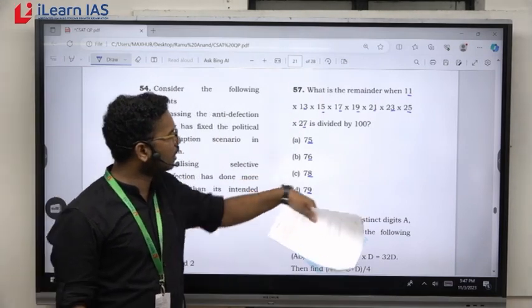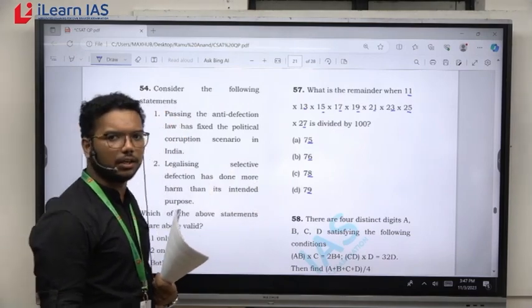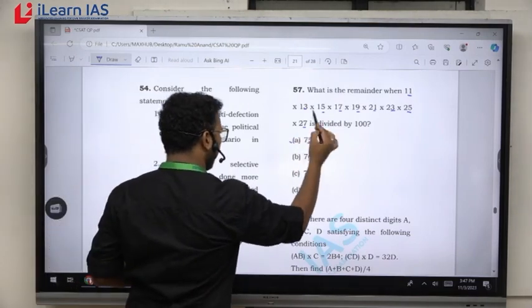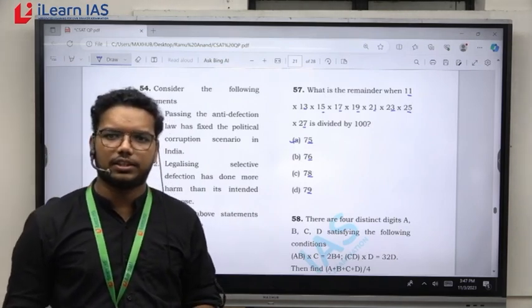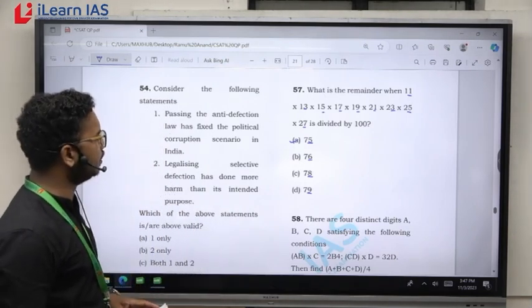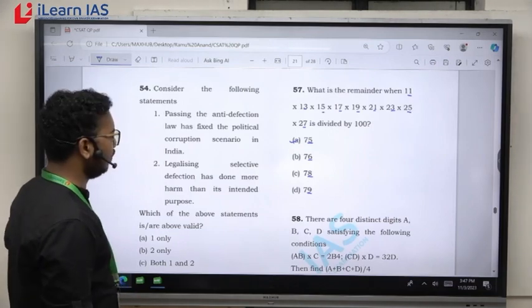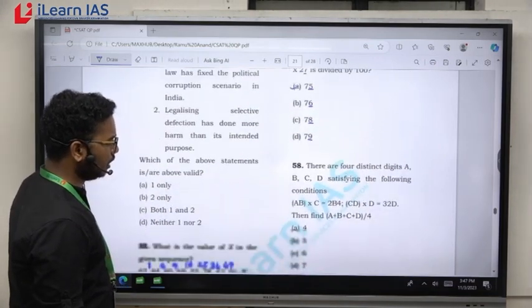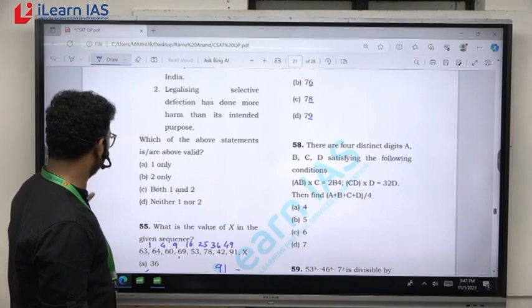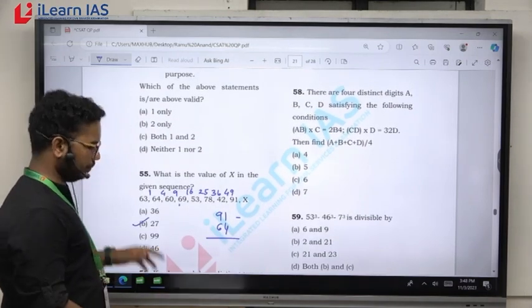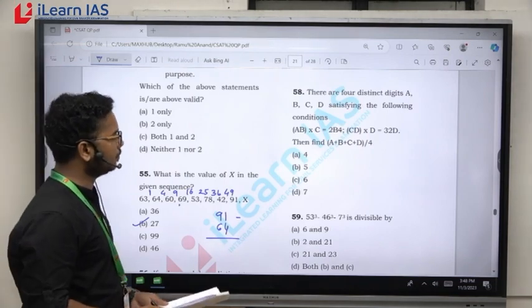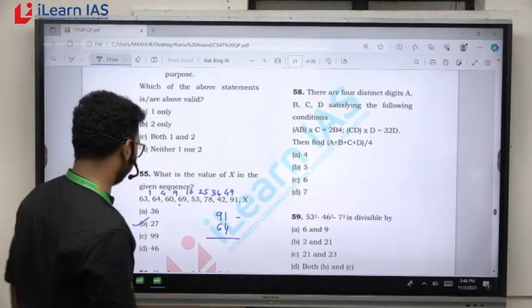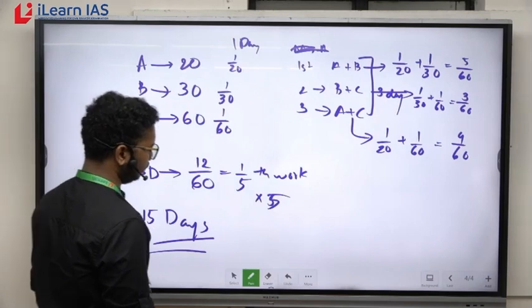So what will the last 2 digits of this product be? The last digit will be 5 and the last 2 digits will be 75. Since the last digit is 5, we have only one option. So it is 75. Next question, 58. Let's try 58.